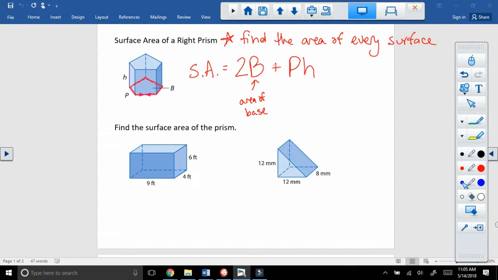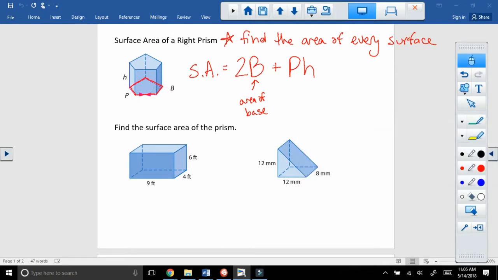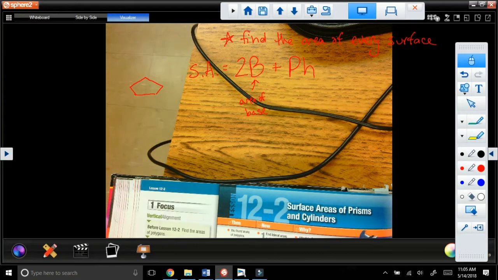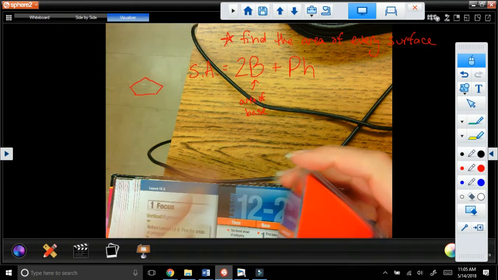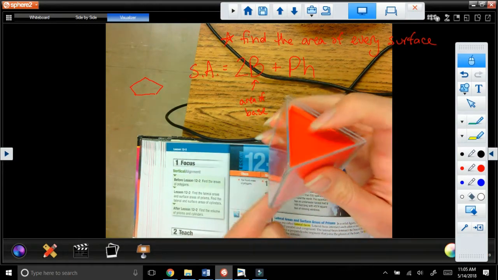So let me show you what that would mean. Go to the document camera real quick. Let me see if you guys can see this. So for this triangular prism, there's 2 bases.